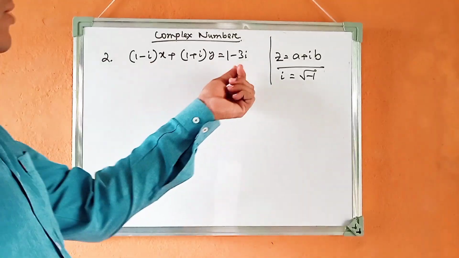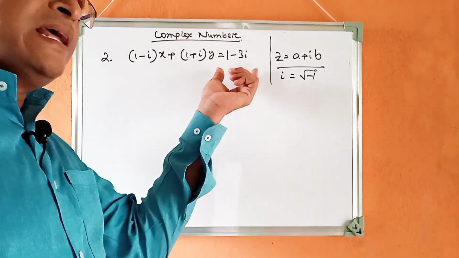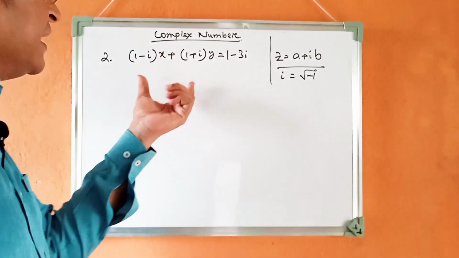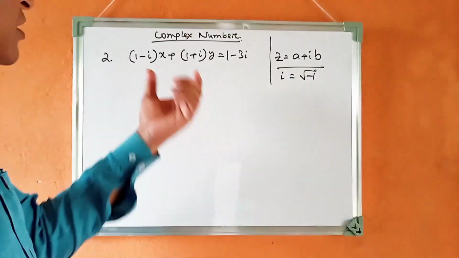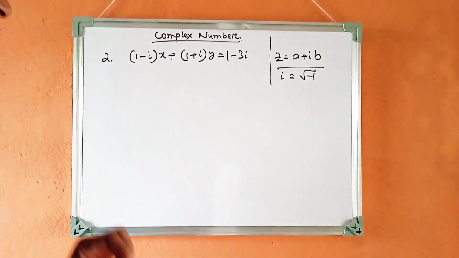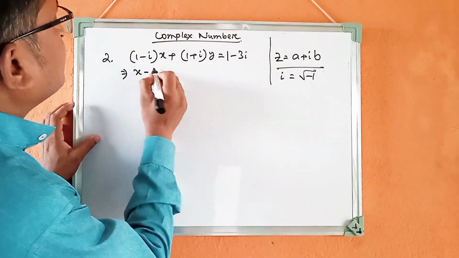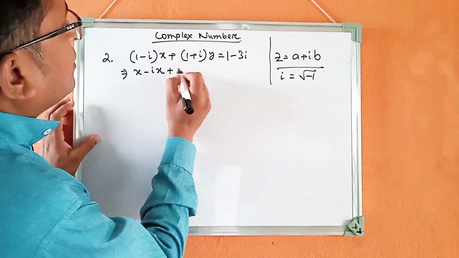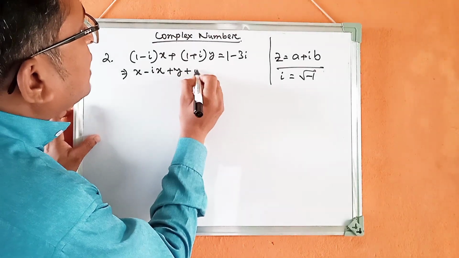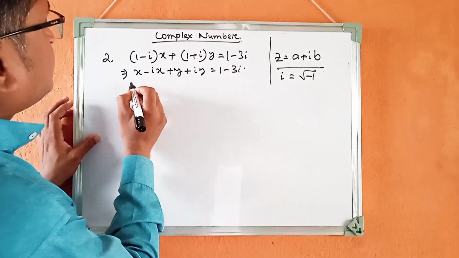First of all, see carefully, LHS and RHS, comparing both sides. RHS is already arranged in the standard form, but LHS is not arranged. So first of all, we arrange the LHS in the standard form, that means A plus iB. How to arrange this? See carefully, multiply: x minus ix plus y plus iy is equal to 1 minus 3i.